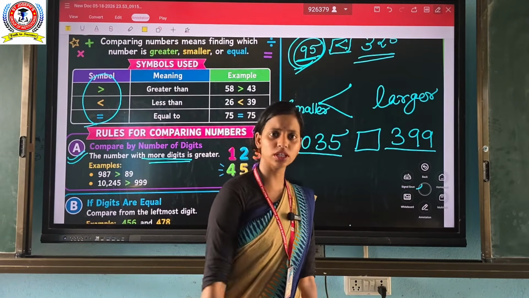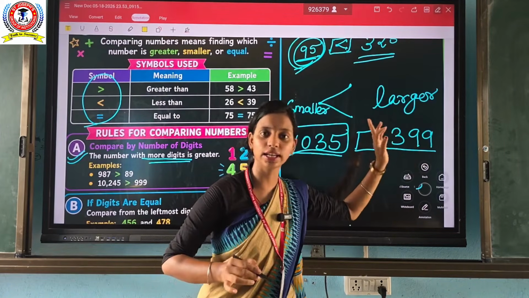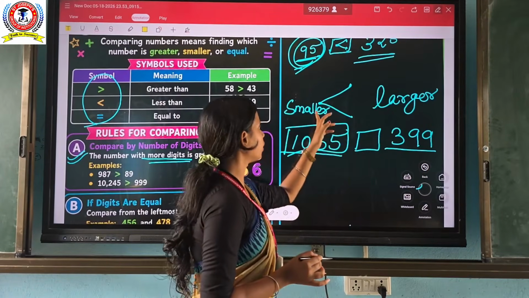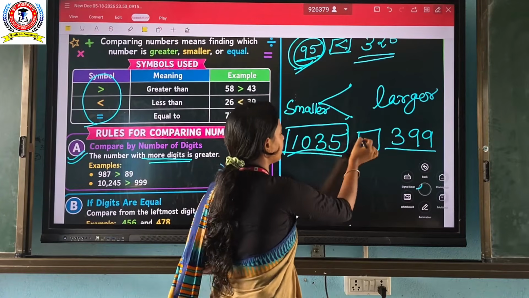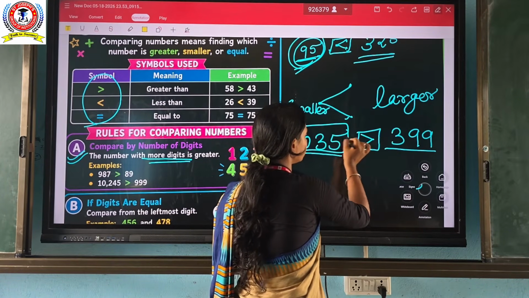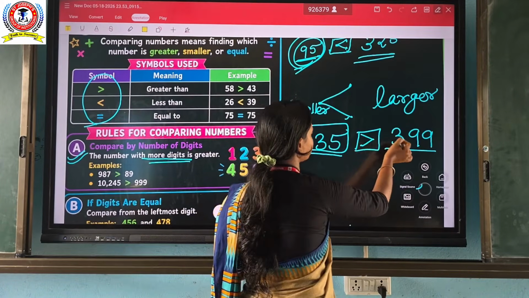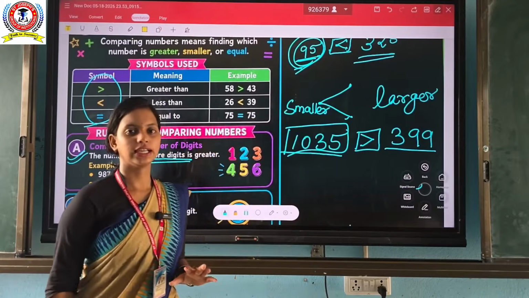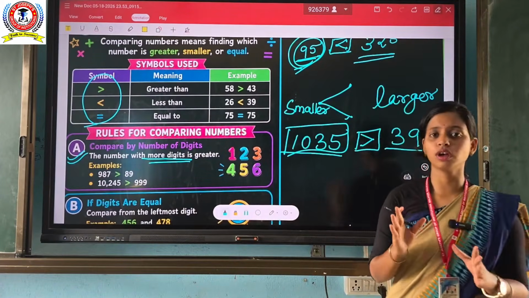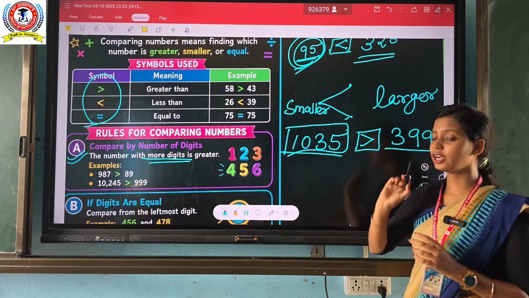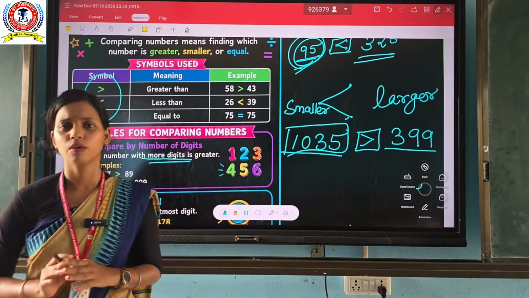So 1035 is greater than 399, and the open side always points towards the larger number, while the closed end points towards the smaller number. Is it clear? So this is for when the two numbers have different digits. But if the two numbers have the same number of digits, what can we do?